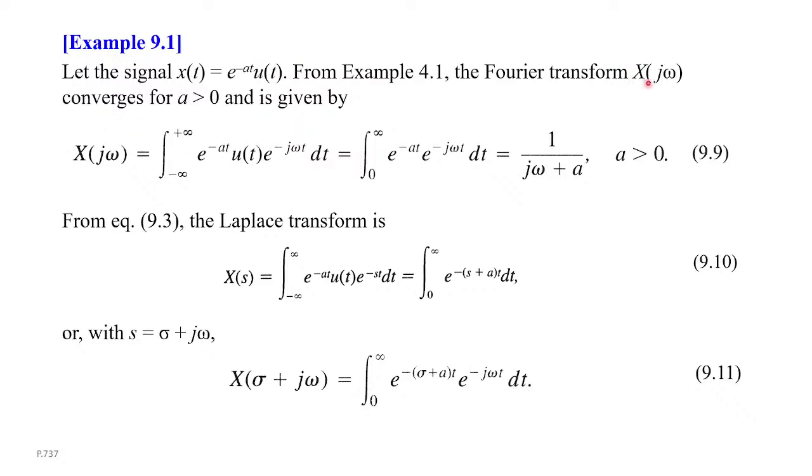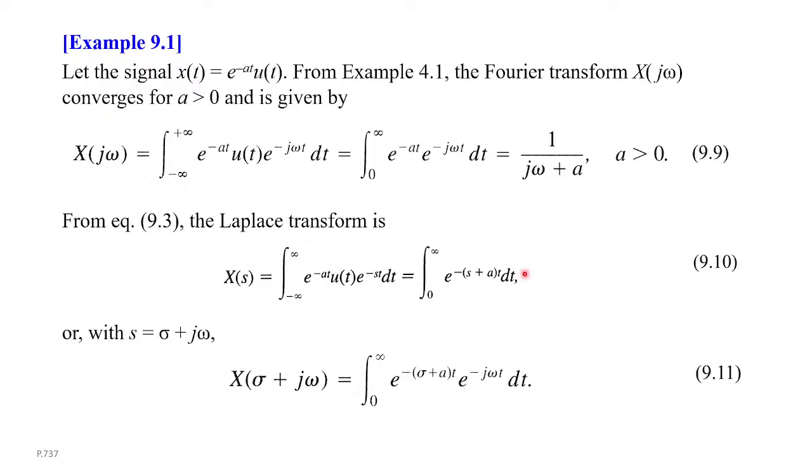And we know its Fourier transform by doing the integral, and this is 1 over j omega plus a, and the Fourier transform only converges when a is bigger than 0, because you want this to be absolutely integrable. Okay. So the Fourier transform is this thing, and you can similarly do the Laplace transform.